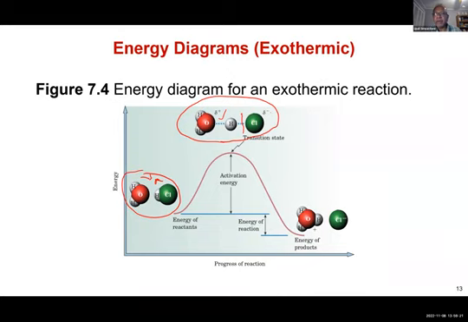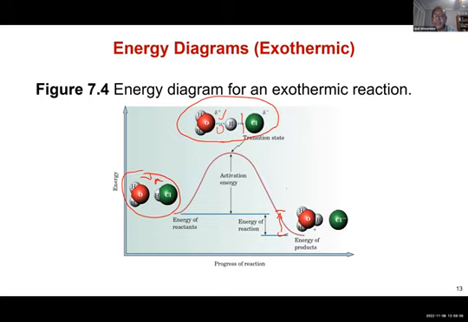So a new bond is formed and an old bond is broken. The bond broken has less energy than the bonds formed. This bond formation releases more energy. Therefore, it is exothermic. The bond broken takes up less energy, so the overall reaction releases energy. This height right here.